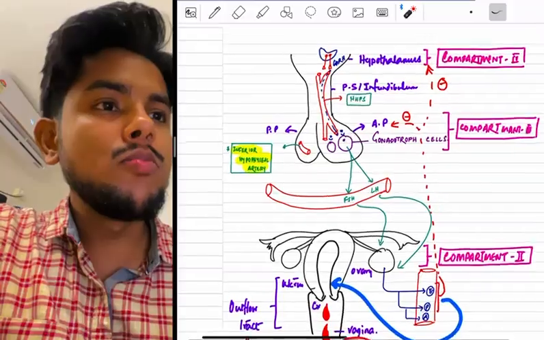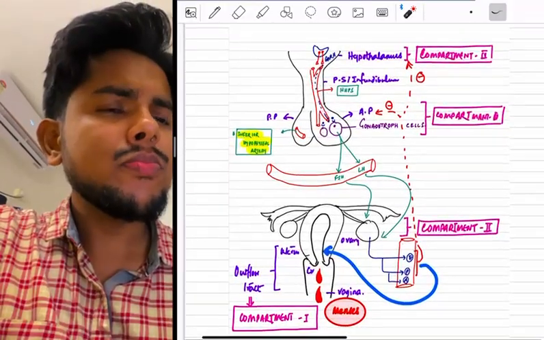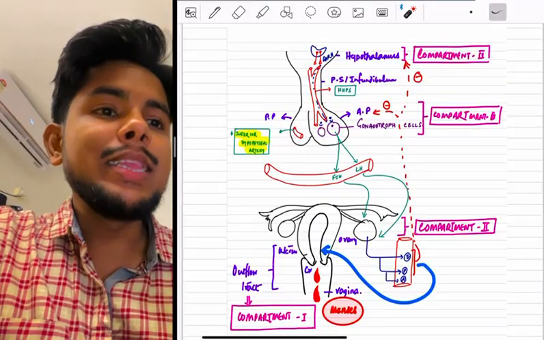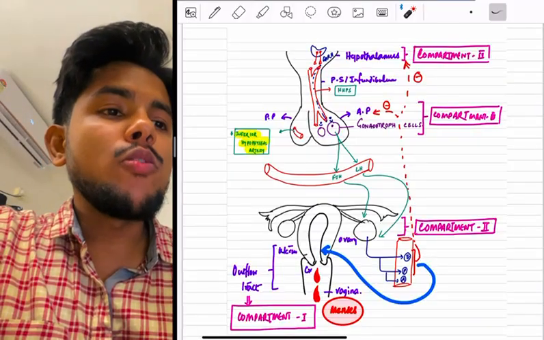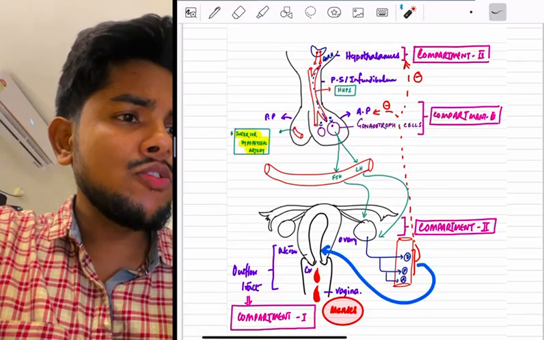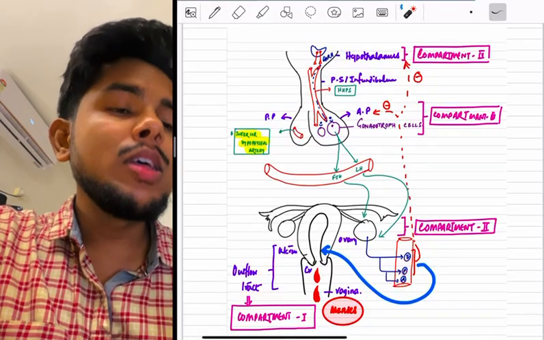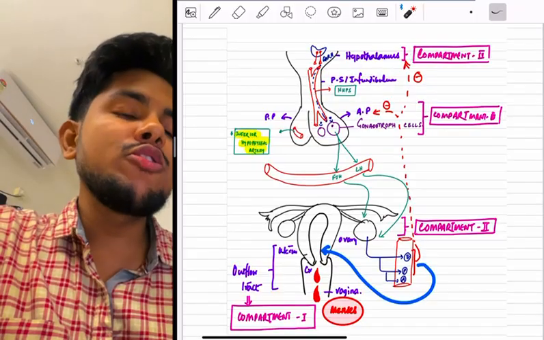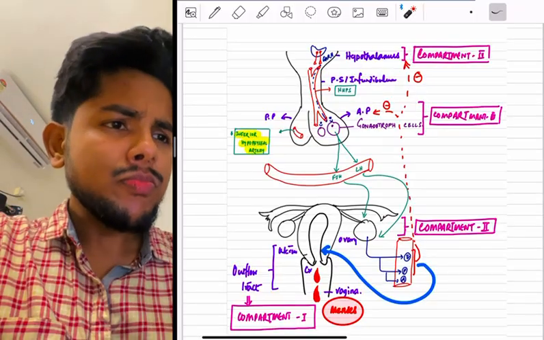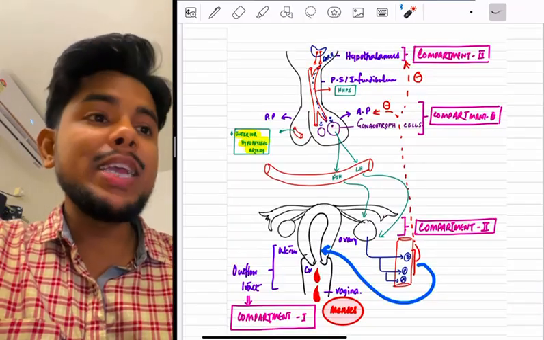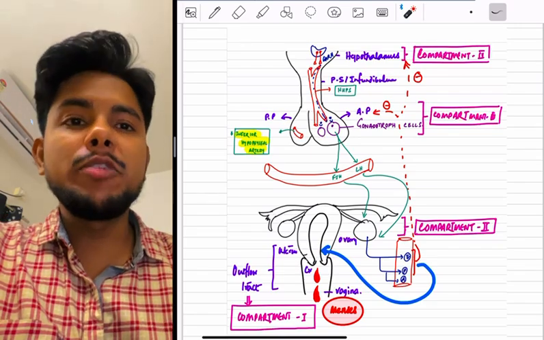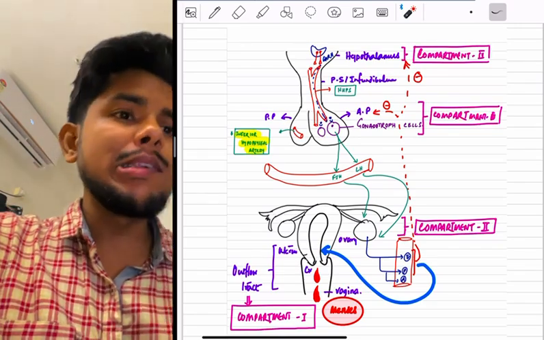These hormones enter the systemic circulation, reach the ovary and exert their action on the ovary. When the ovary is stimulated, it releases estrogen, progesterone, and androgen into the peripheral circulation. This estrogen and progesterone control the menstruation, and they also exert a negative feedback mechanism. So this is the HPO axis.